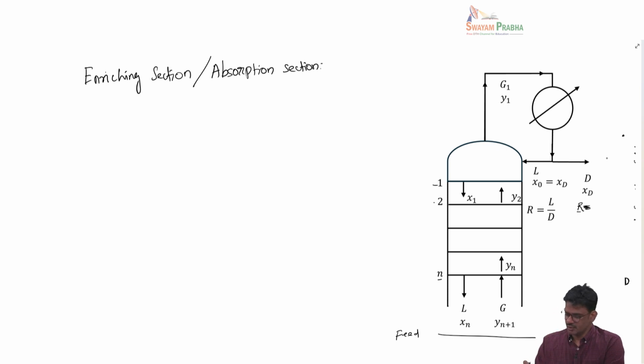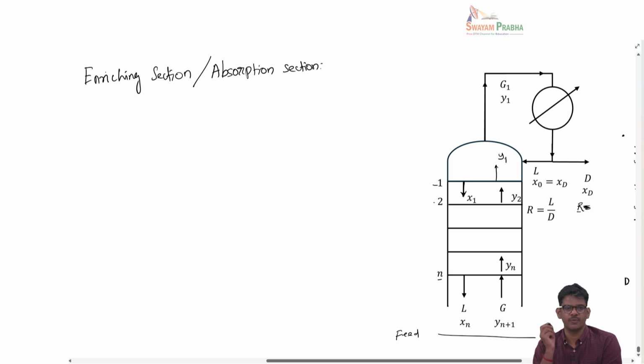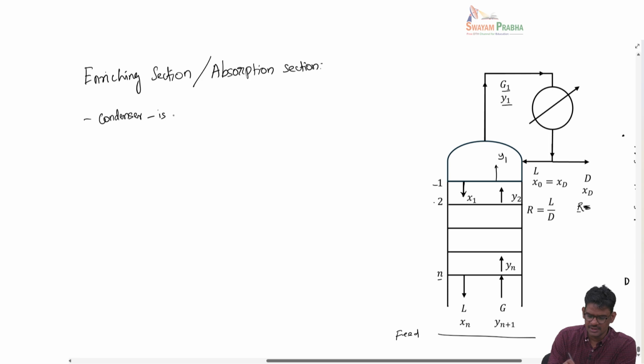You can also see the notation I'm using. So if you look at the topmost plate, plate number 1, the liquid that is leaving the plate has a composition of X1, and the vapor that is leaving the first plate has a composition of Y1, and that's what is shown here also. And in this particular McCabe-Thiele method, we will assume that the condenser is a total condenser.